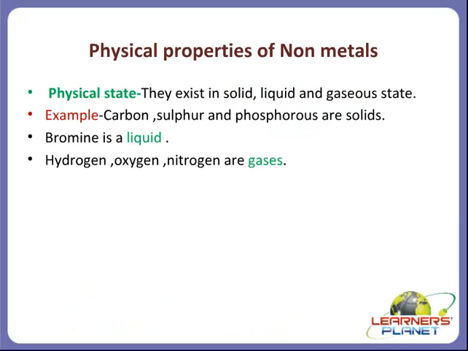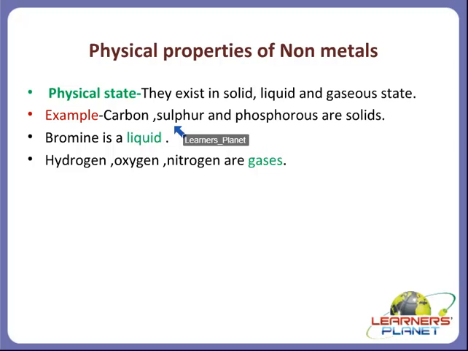Now these were all the properties of metals. Now let's move to non-metals, that is, physical properties of non-metals. Their physical state: they exist in solid, liquid and gaseous states, that is, in all three states, right?